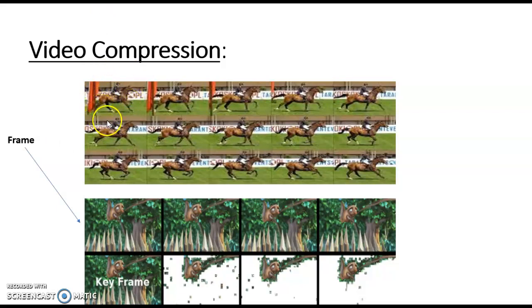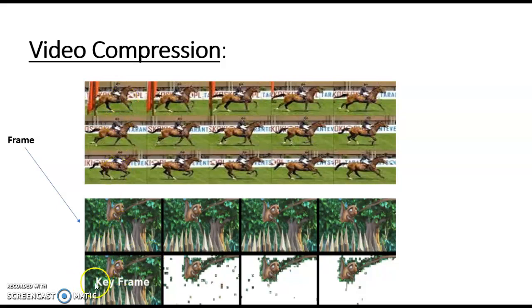So when you want to transfer this frame, you have to transfer this much information every time. The basic fundamental used in video compression is, instead of transferring the frame every time, you can transfer one frame which is called a base frame or key frame.